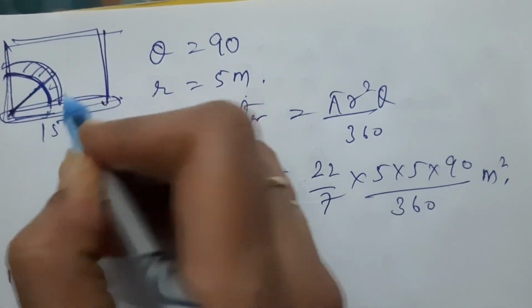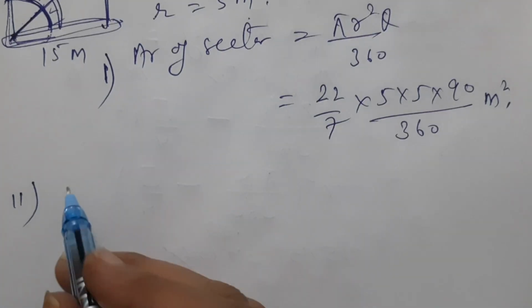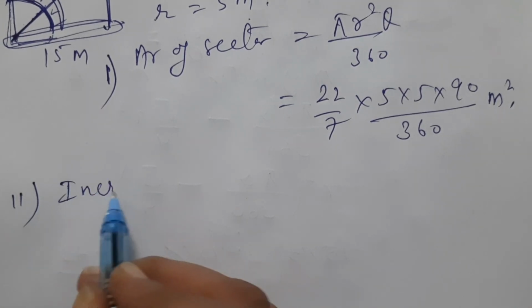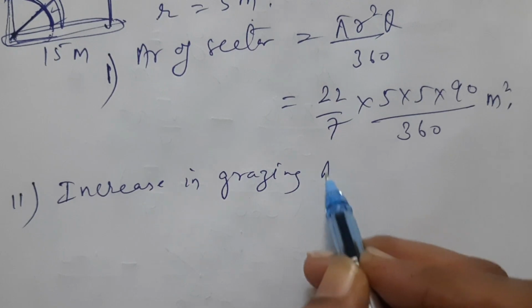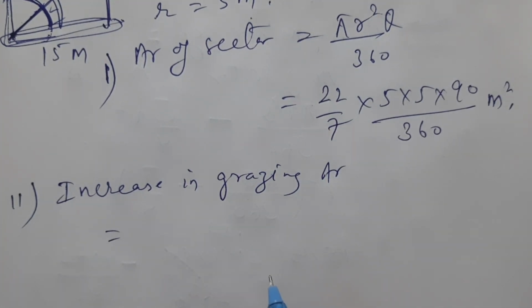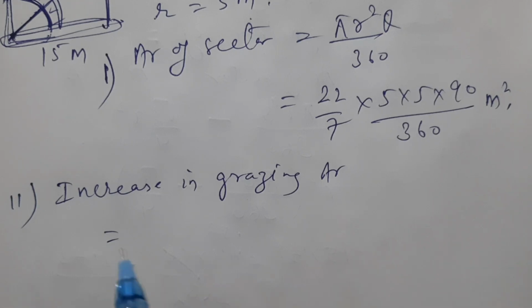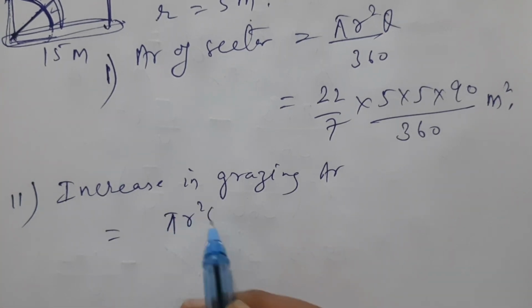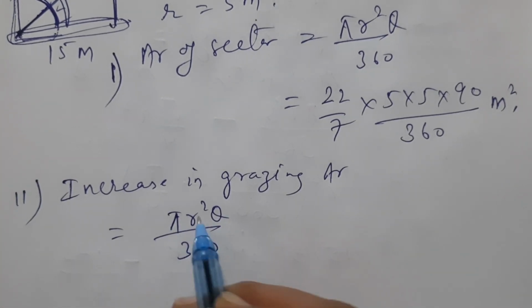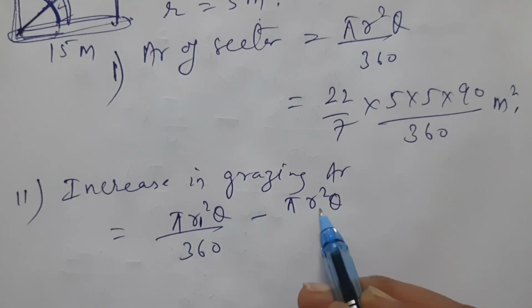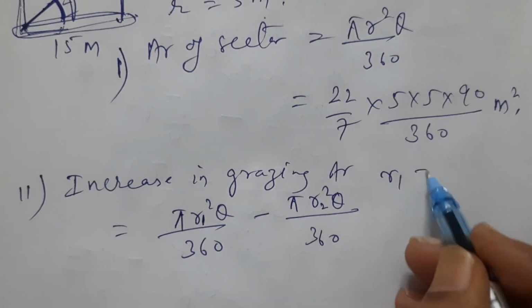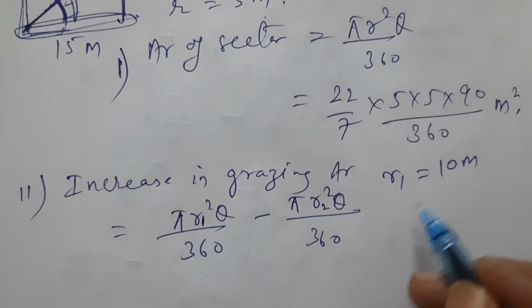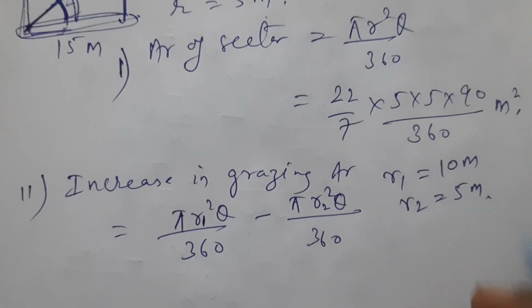So we need to subtract both the sectors. Here, increase in grazing area, that is, the area of 2 sectors we need to subtract. One taking radius as 10 and the second case as 5. That is pi r square theta upon 360 for r1 minus pi r square theta upon 360 for r2, where r1 is 10 and r2 is 5 meter.